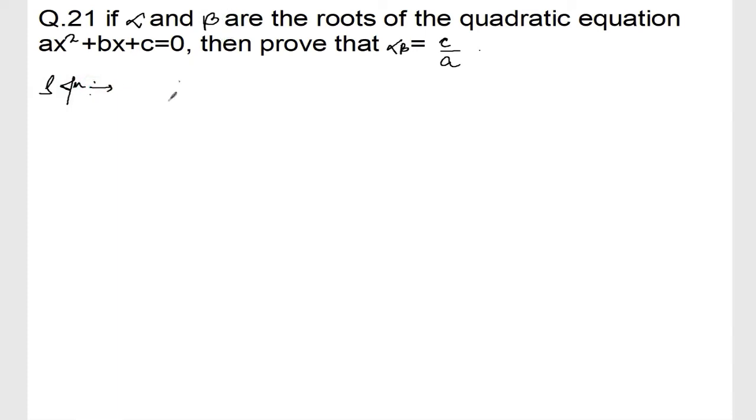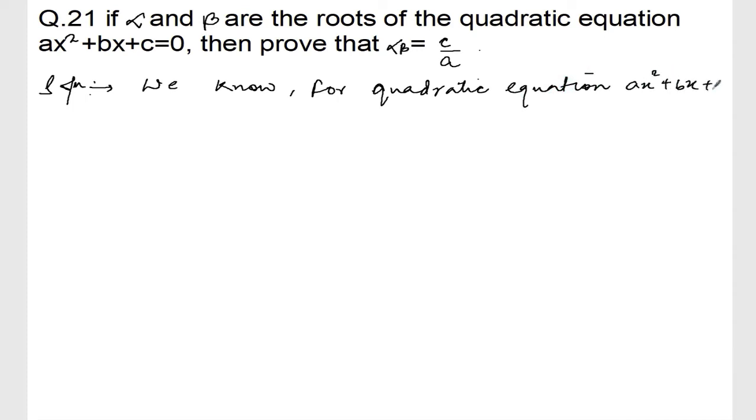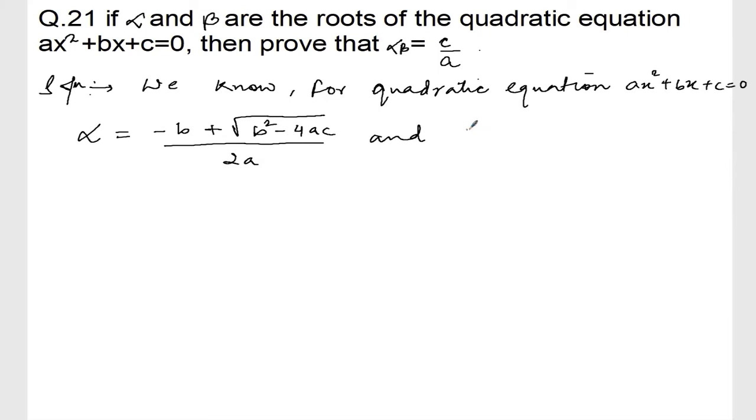We know for the quadratic equation ax square plus bx plus c equal to 0, alpha will be equal to minus b plus root over b square minus 4ac divided by 2a, and beta is equal to minus b minus root over b square minus 4ac divided by 2a.